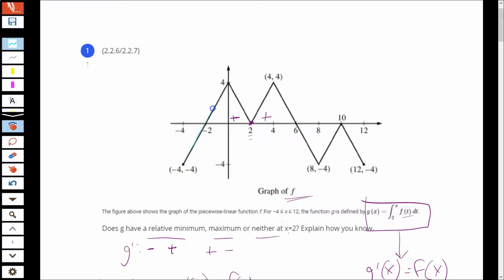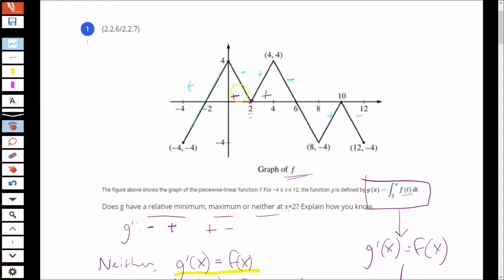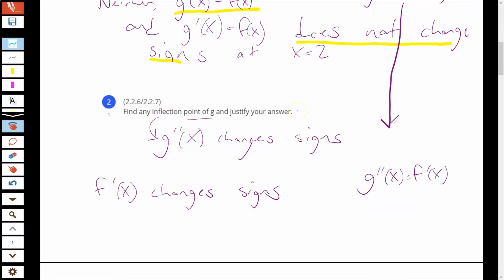So looking at just the slope of this line, this slope is positive here, and then negative here, and then positive again after x equals 2, and then negative after x equals 4, and then positive as it increases down here, negative again. So we have options here for our inflection points. We can go with the first option, so x equals 0, or x equals 2, or x equals 8 are all fine answers.